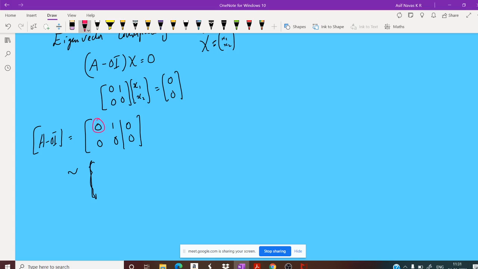This is 0, so we check the element below it in the same column. That is also 0, so we cannot interchange. Both are 0, so we check the next element in the first row. That is 1, so we can take this as the pivot. Now, the element below that is already 0. Is there any pivot in the second row?